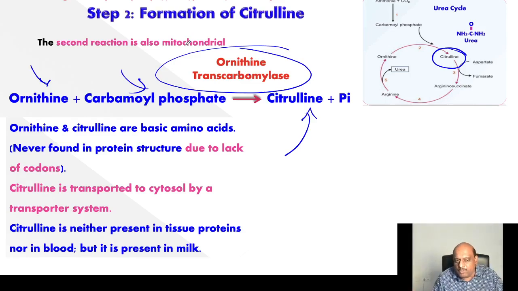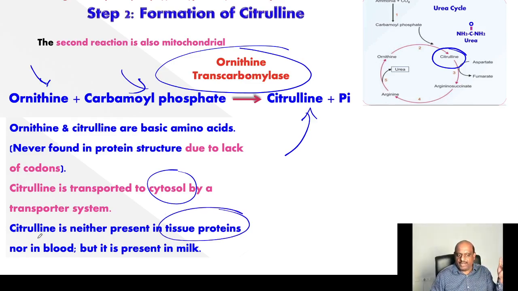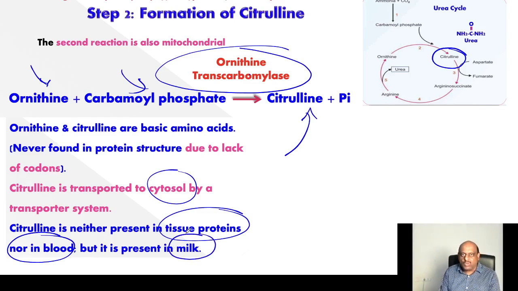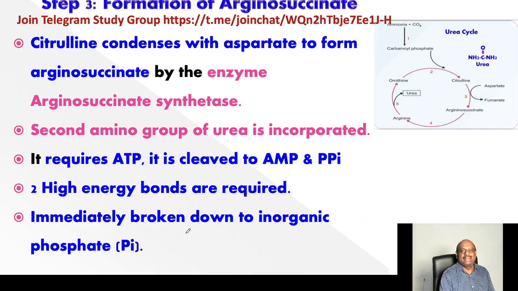You don't find them in the protein structure because we don't have a codon for that. In fact, the citrulline is transported to the cytosol by a transporter system. Citrulline is not there in tissue proteins, not in the blood, but citrulline is there in the milk. That's what you need to remember.